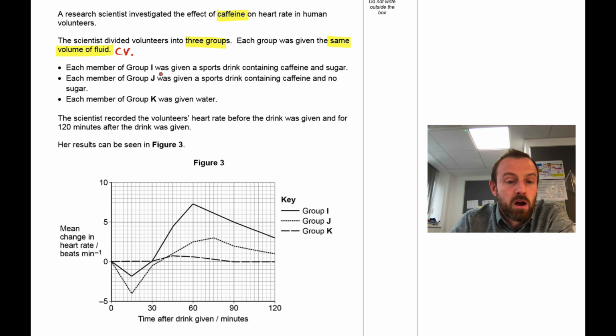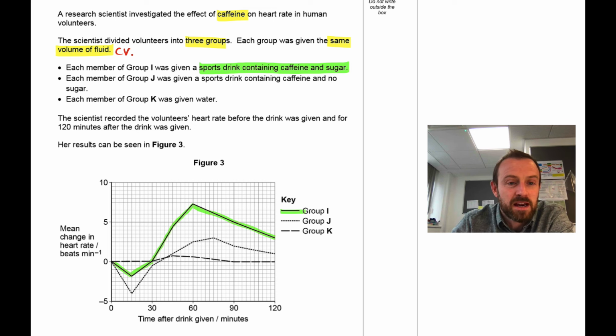Each member of group I was given a sports drink containing caffeine and sugar. I'm going to start color coding. That is group I, and that's this one. I'm just going to go over this because I really like colorful things and I can't really process information if it's in black and white. Maybe you're the same, who knows.